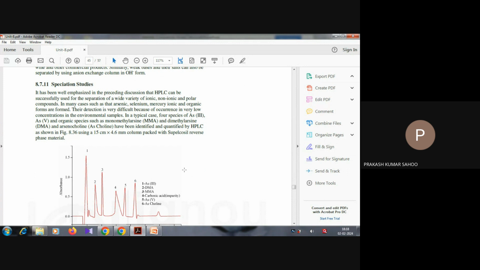In this case, the speciation studies have been carried out with 4 species: arsenic 3 and 5, organic species such as monomethyl arsine and dimethyl arsine, and arsenochlorine.